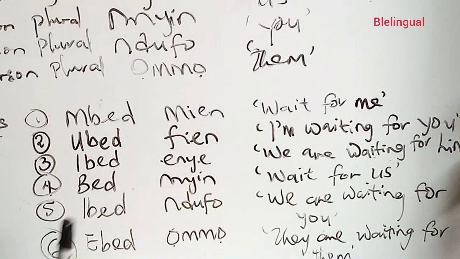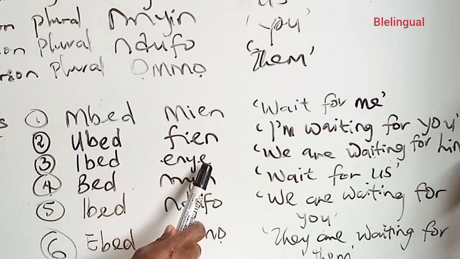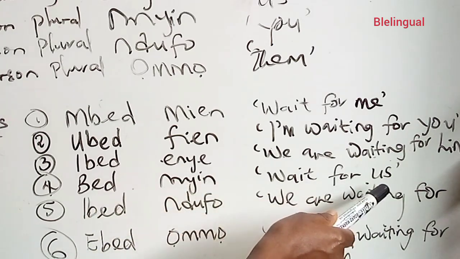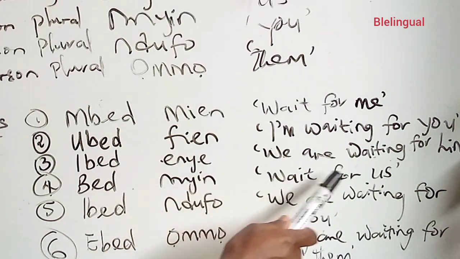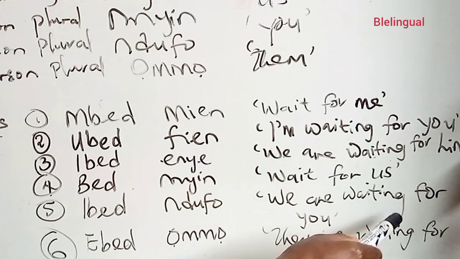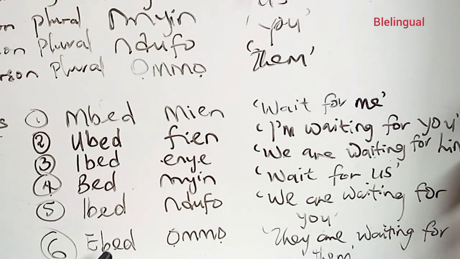Number three, ibet enye. We are waiting for him. Ibet nyan, wait for us. Ibet ndufo. We are waiting for you. Ebet ommo. They are waiting for them.